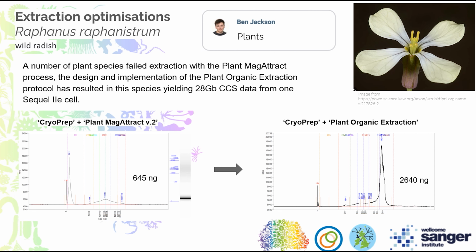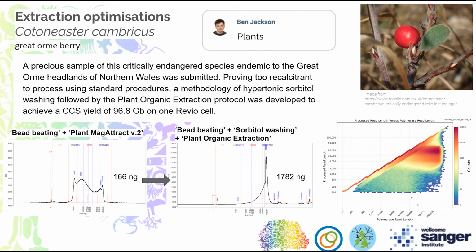Whereas on the right-hand side, the same individual, the same species, cryo-prepped again, but with the plant organic extraction, the yield is vastly increased. And the profile is pretty ideal. And actually, for the plant organic extraction, we quite often see Femto traces like this. It's a very strong method. So if anyone's working on plants, I strongly recommend that.